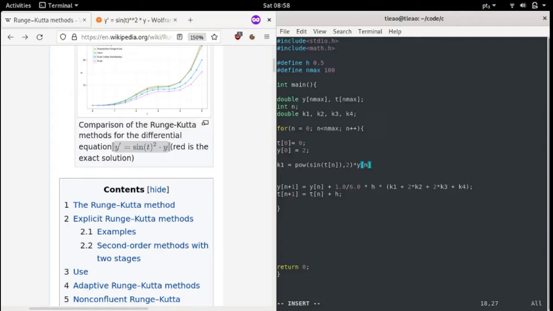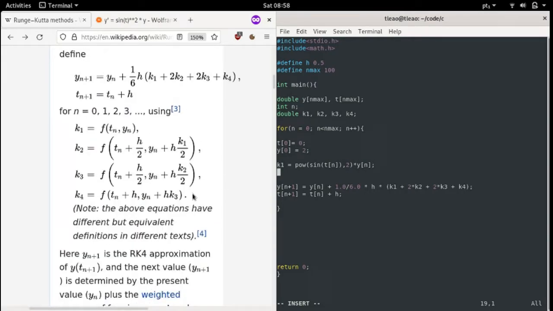Okay. Now we write the second, third, and fourth Runge-Kutta coefficients. Now the f here is of t n plus h over 2 and y n plus h times k1 over 2.